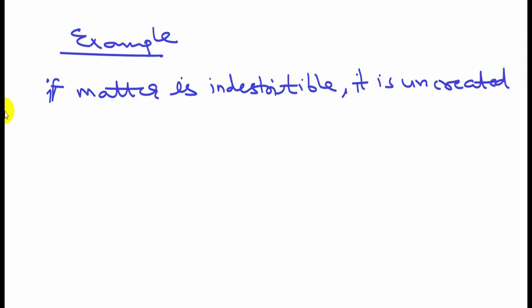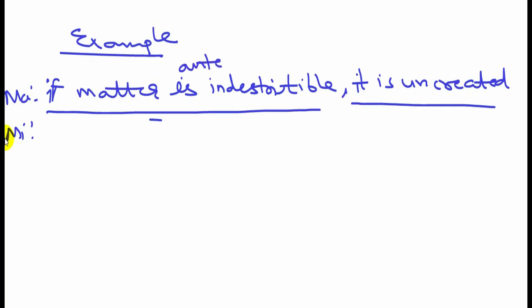This is a major premise, a hypothetical argument. Then the minor premise denies the consequent.